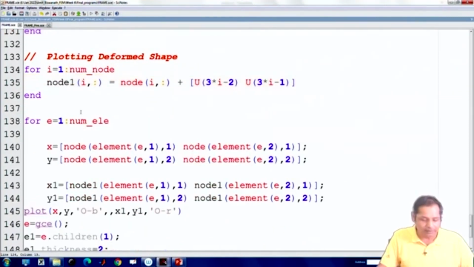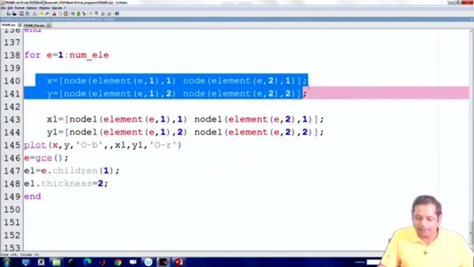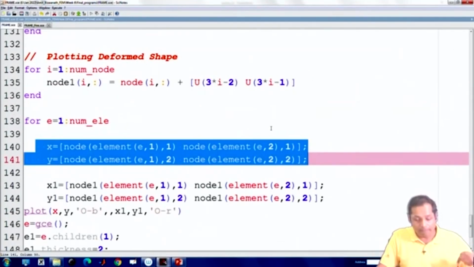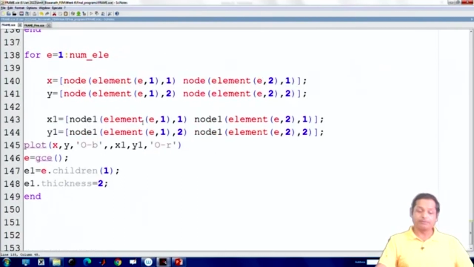Now this is the plotting of the entire frame, the undeformed coordinates and deformed coordinates. This x, y gives you the undeformed configuration, and x1 and y1 are the undeformed configuration plus the deformation, which gives you the deformed configuration. Then you plot it.